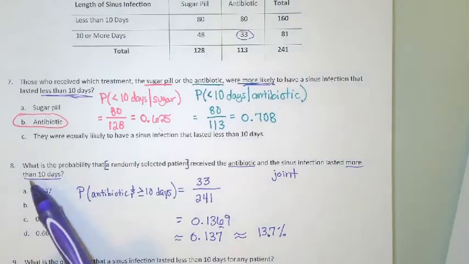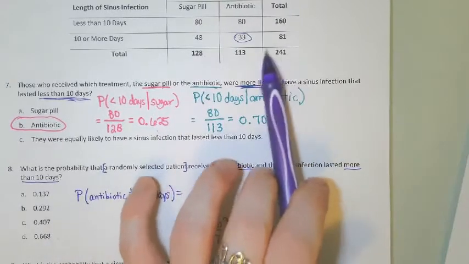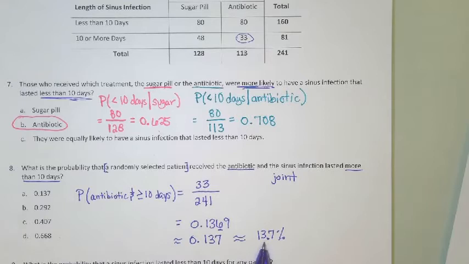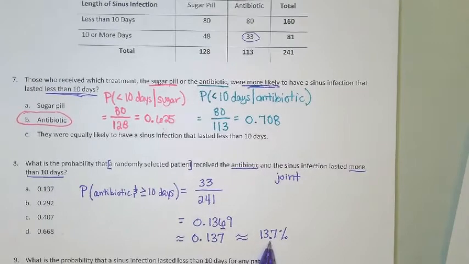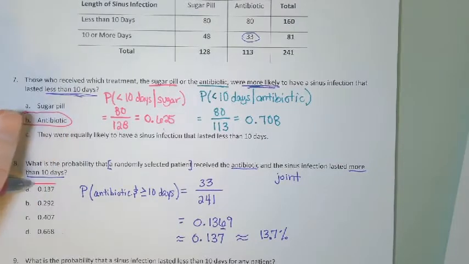So if I randomly selected one patient out of all 241 patients, there's a 13.7% chance that that random person would be somebody who received the antibiotic and had the sinus infection lasting 10 or more days. So in this case, the correct answer for 8 is A.